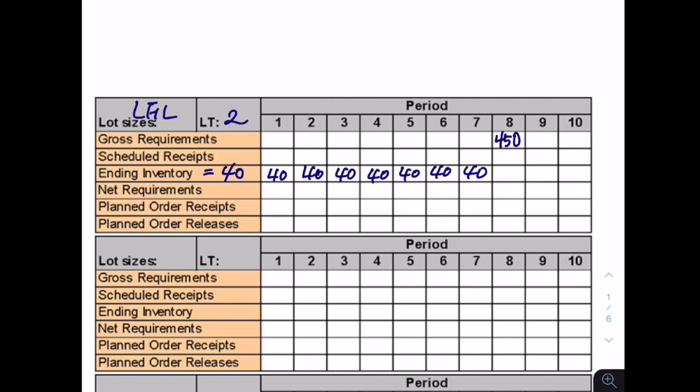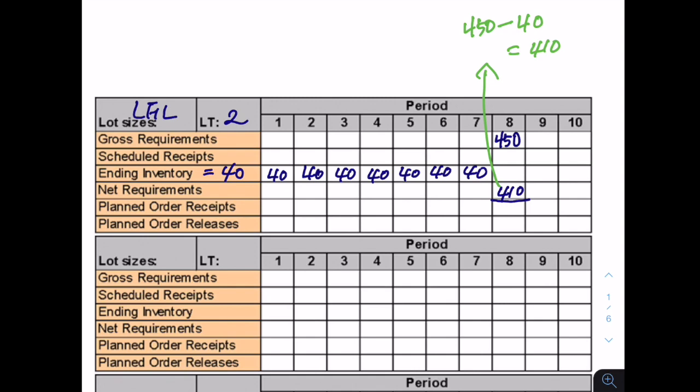And the first one we have to look at is net requirement. How do you get this net requirement? Let me use a different pencil here. Gross requirement minus currently how many we have? We already have 40. Therefore, 410 is net requirements, so we can get 410 net requirement here.